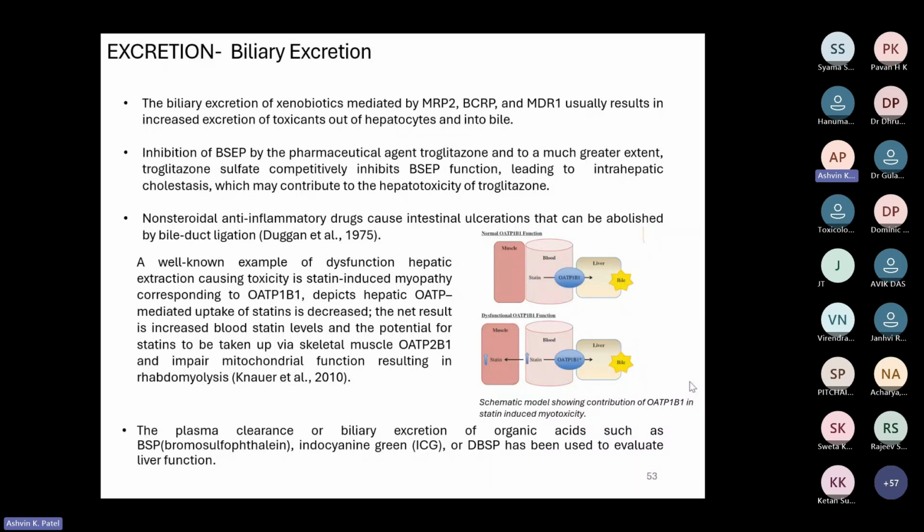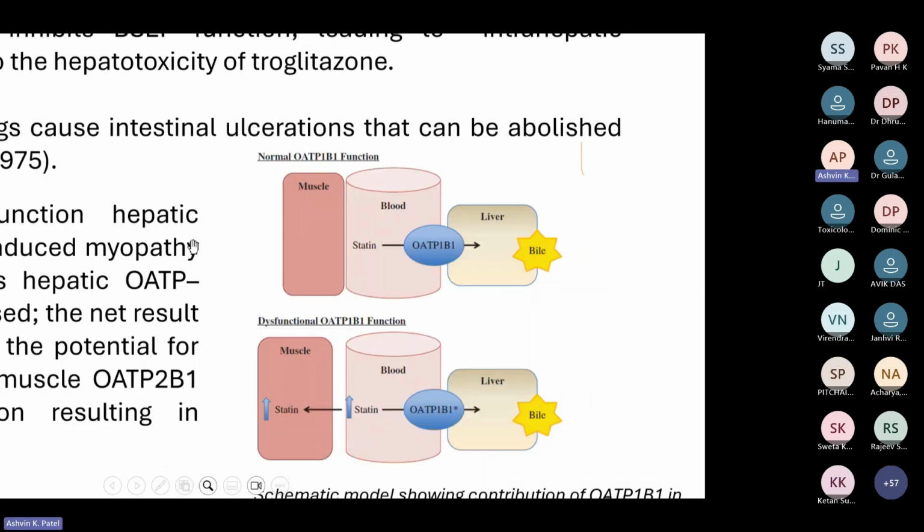But a non-steroidal anti-inflammatory drug can cause intestinal ulceration that can be abolished by bile duct ligation. Another very good example is dysfunction of hepatic extraction causing toxicity in statin-induced myopathy. Here, OATP1B1 is the transporter important for the transfer of statin from the blood to the liver.